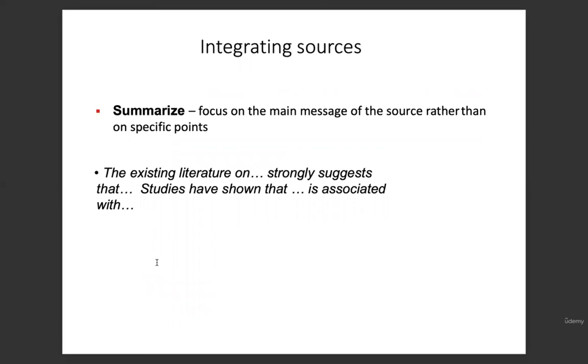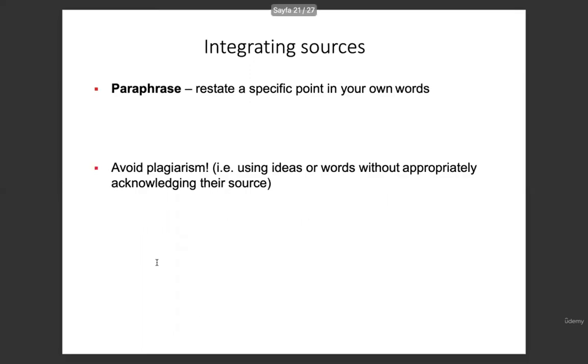While summarizing, focus on the main message, okay? Do not talk about specific points, but focus on the main message. The access and literature on online teaching strongly suggested that blah, blah, blah. Studies have shown that blah, blah is associated with blah, blah. Or for example, studies have shown that technostress is associated with overuse of Zoom, I know.